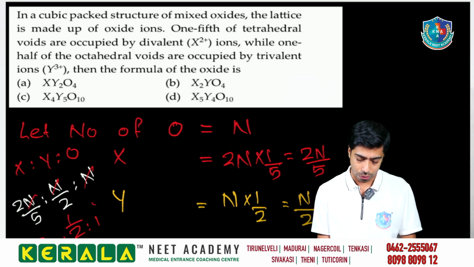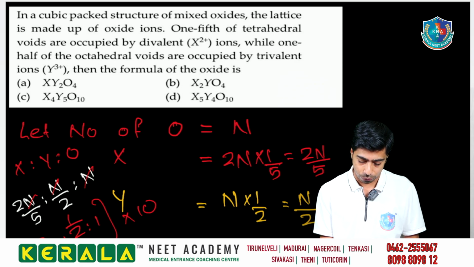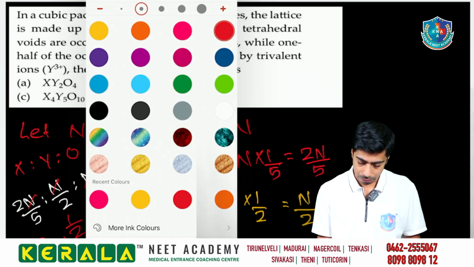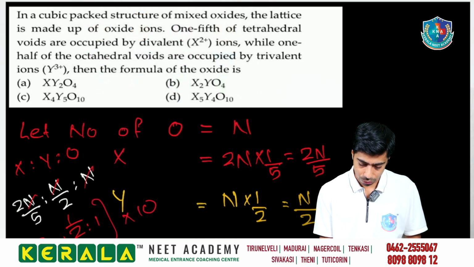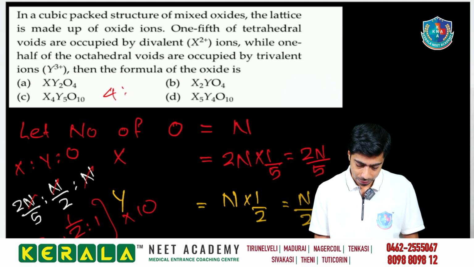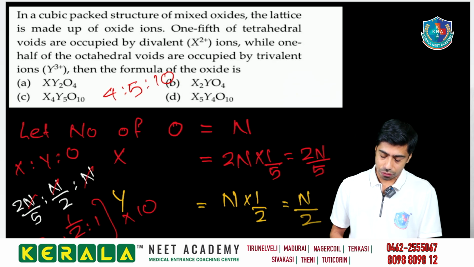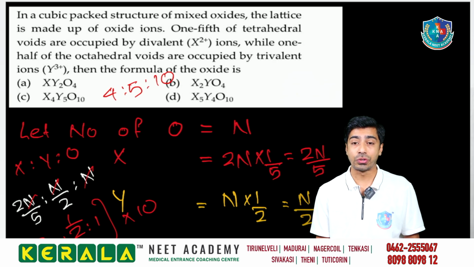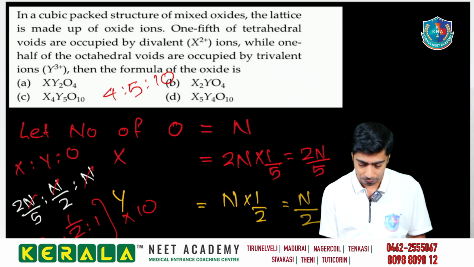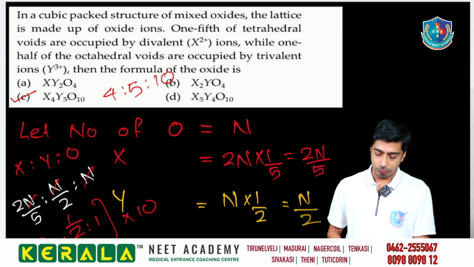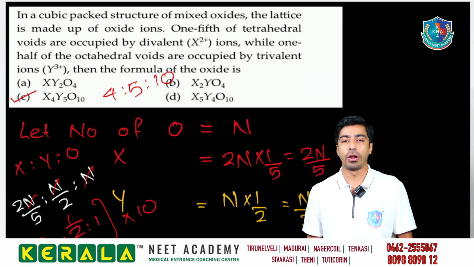Multiplying by 10: 10 into 2 by 5 is 4, 10 by 2 is 5, and 1 into 10 is 10. So the ratio must be 4 is to 5 is to 10, which means x4, y5, O10 will be the formula of the compound.